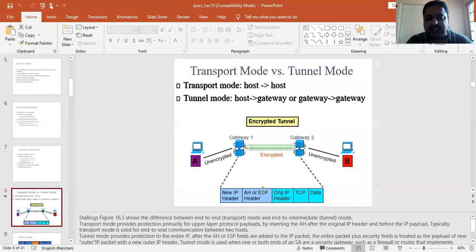These fields are mainly related to the security of the IP packet. It provides security using the IP security protocol, and it contains headers for authentication and headers for encapsulation.